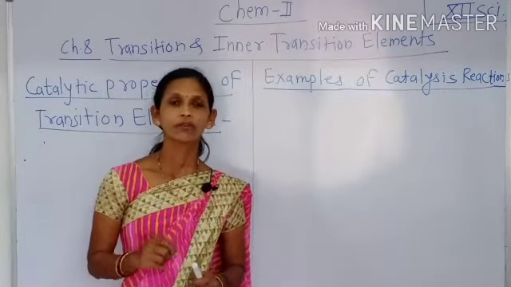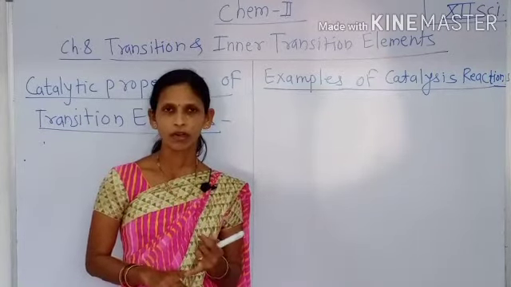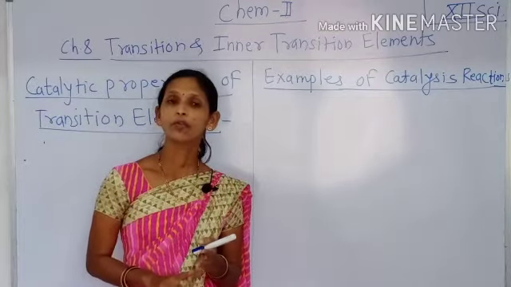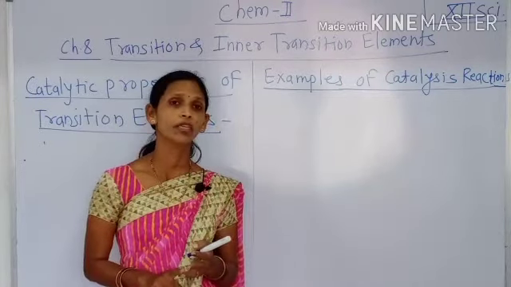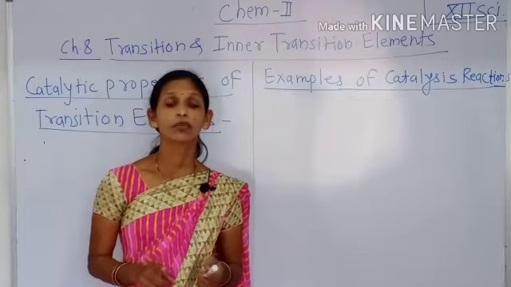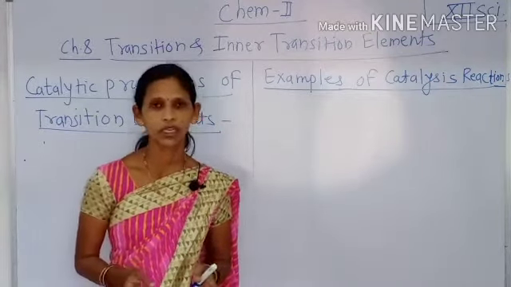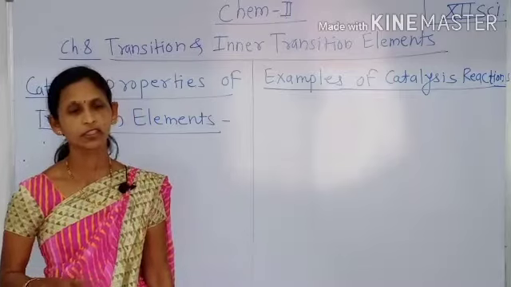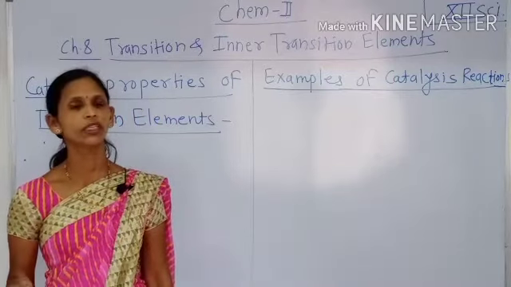It is because of the vacant d orbitals or unpaired electrons present in the n-1d orbital. Therefore, they provide a larger surface area to the reactants during chemical reactions to convert them into product.